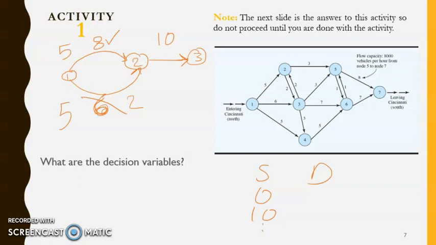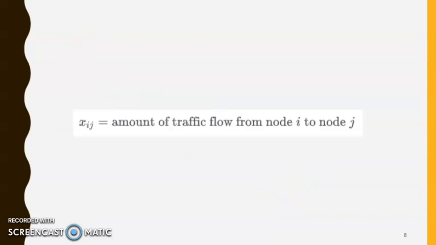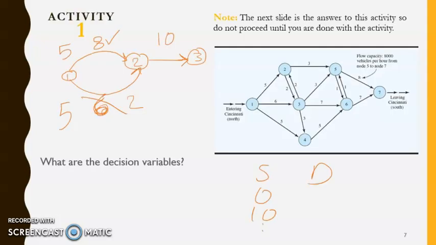So the best decision variable that we can define is xij, a double subscripted variable, and it represents the amount of traffic flow from node i to node j. So here, with this graph in front of you, you must be able to define all the decision variables that we need for the rest of our modeling. For example, we start with x12.